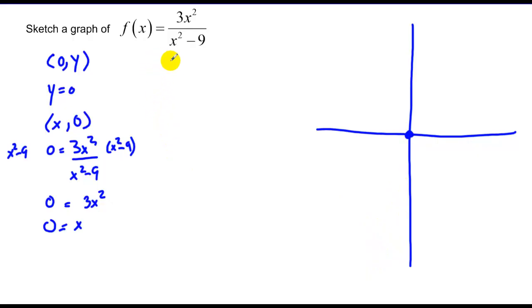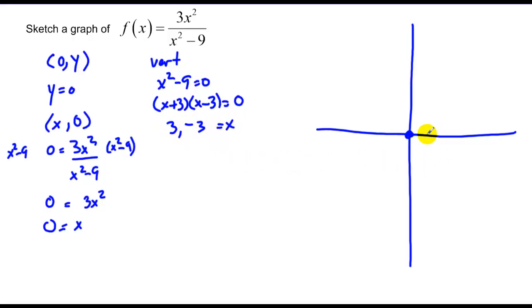We set our denominator equal to 0 to find our vertical asymptotes. This is a quadratic, so we're going to have to factor. It's x plus 3 and x minus 3, giving me values of 3 and negative 3 for x. This tells us we're going to have actually two vertical asymptotes.